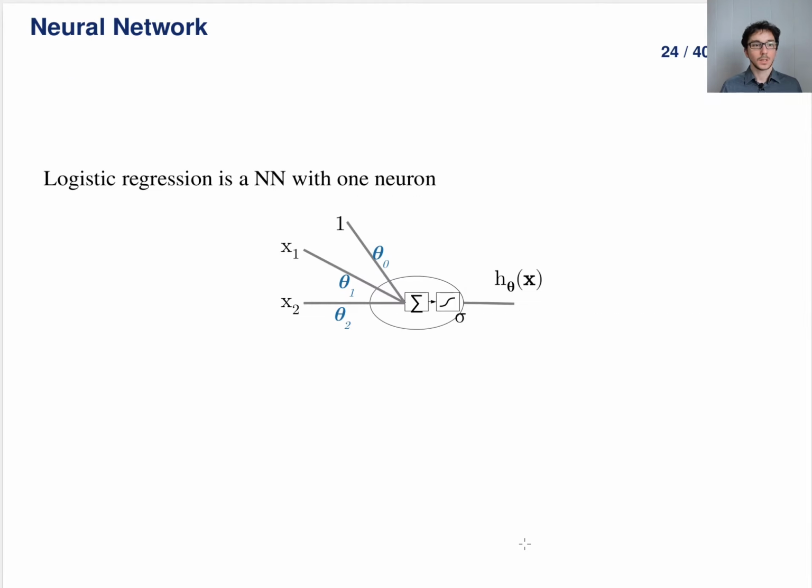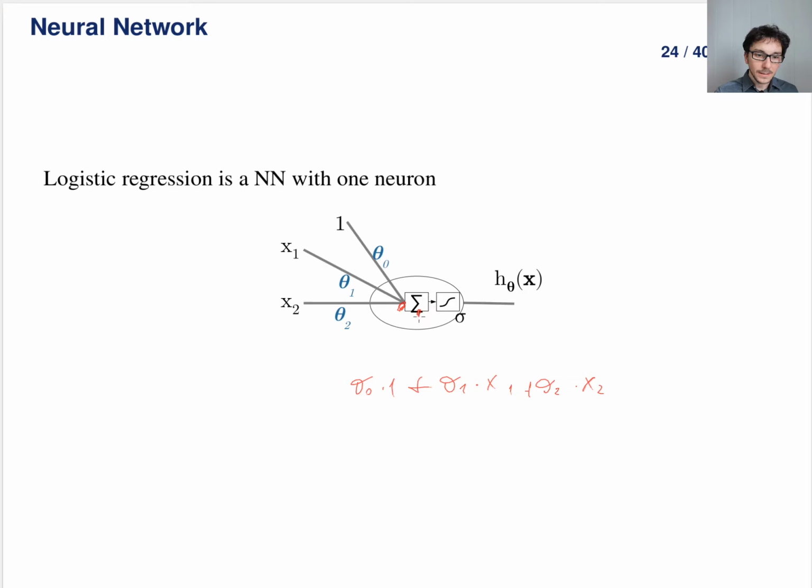So we can visually express logistic regression as a neural network composed by just one neuron. Just to understand what this representation means: here we just have theta 0 multiplied by 1 plus theta 1 multiplied by x1 plus theta 2 multiplied by x2.